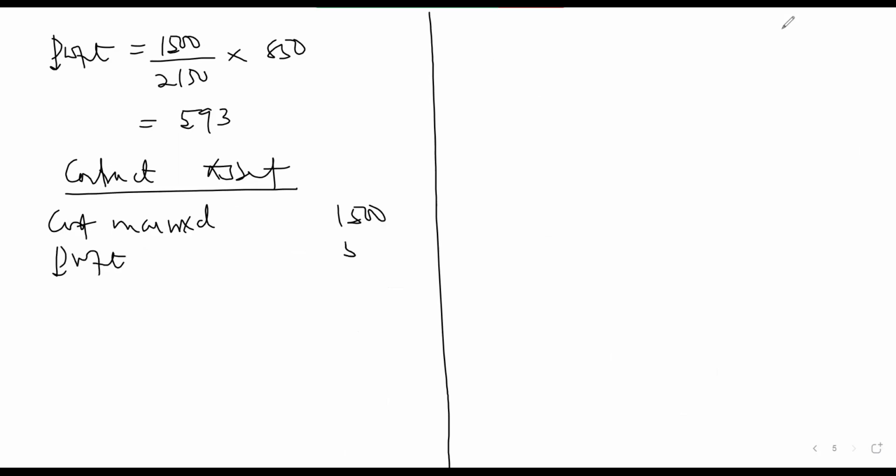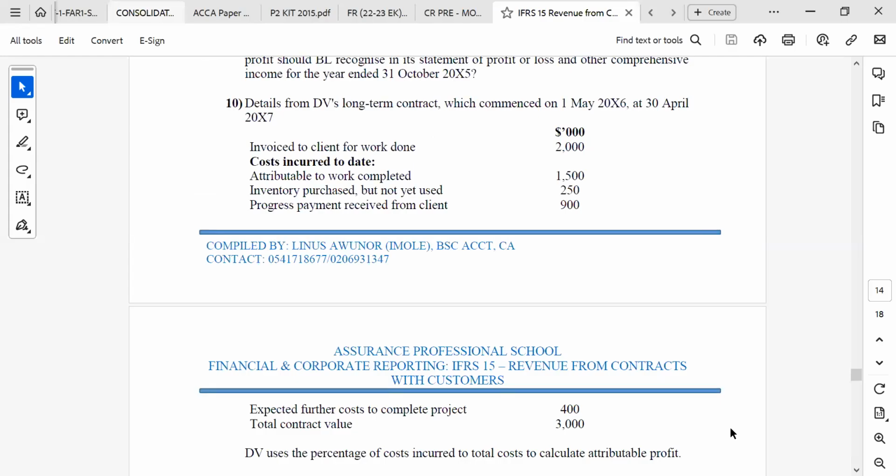That will be 593. Then you subtract the cash received from the customer. What is the cash received? How much are they saying is the cash received? 900. That is the 900 invoice given to the customer.